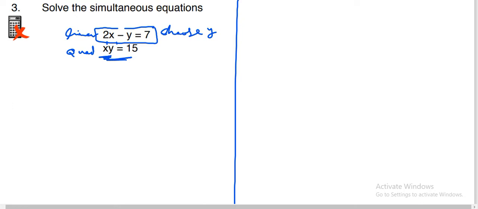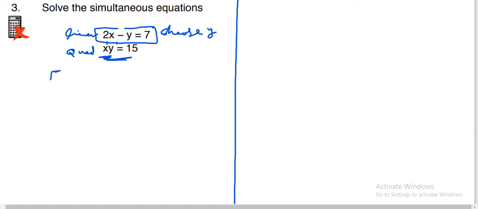If we have two variables, one with coefficient 1 and one with a coefficient not equal to 1, choose the variable with coefficient 1 or negative 1. Why? So as not to get a fraction. The first reason is so as not to get a bracket power 2, the second reason so as not to get a fraction.